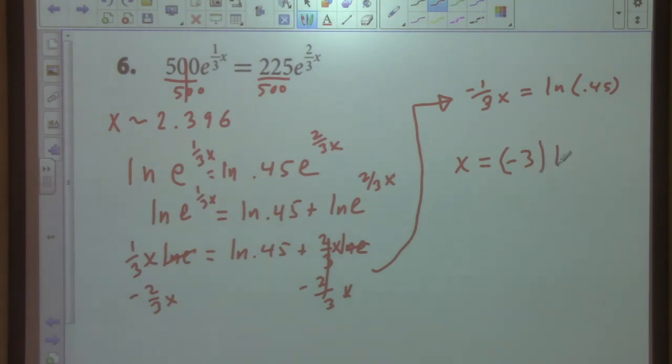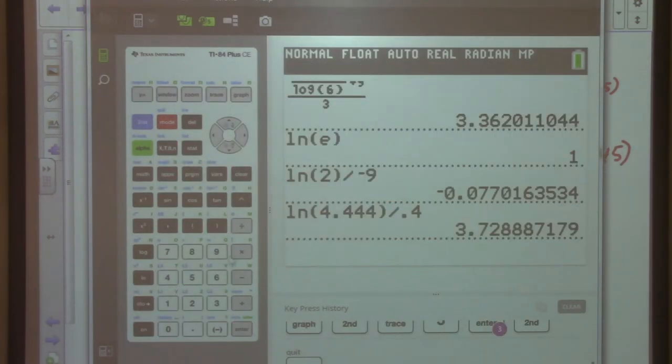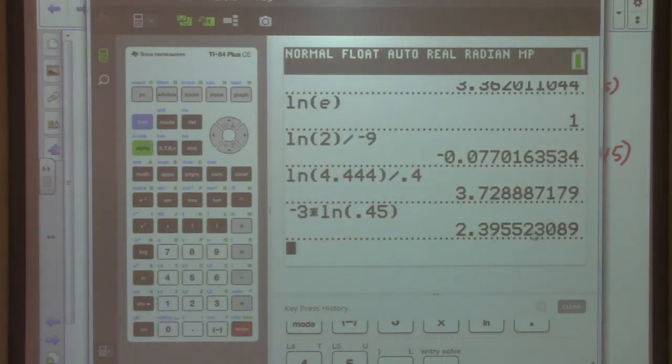And when you put that in the calculator, you get 2.396. So the same thing, right?